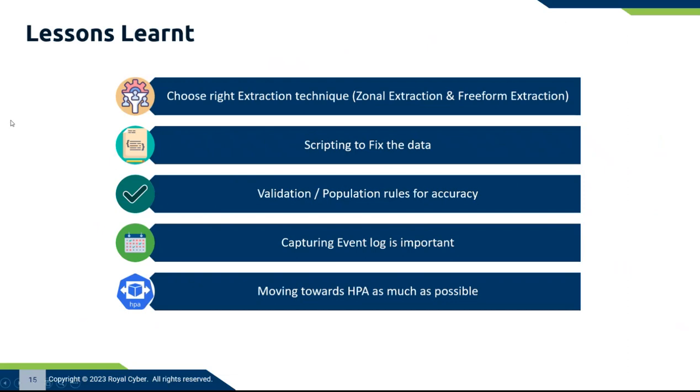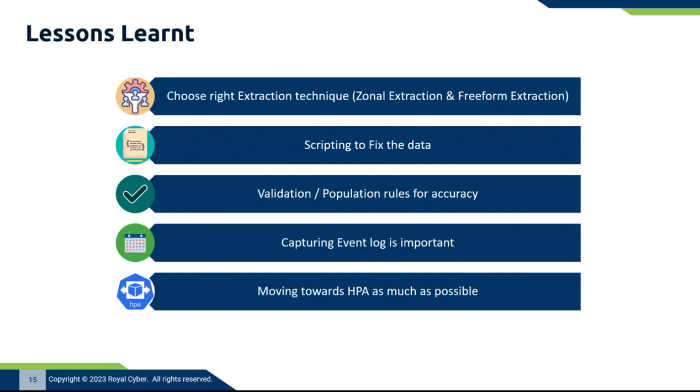Going forward, moving towards the lessons learned section. The first thing we learned is to choose the right extraction techniques. Whenever you are looking at a document, first of all, you should see whether it is a structured, unstructured, or semi-structured document. Based on that, you look at your data in that particular document itself.